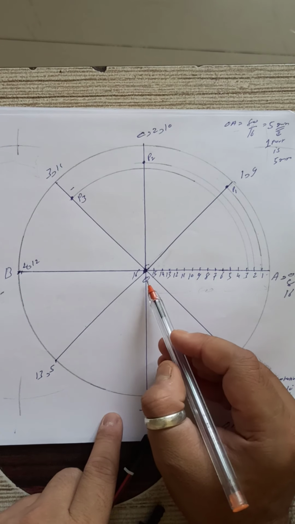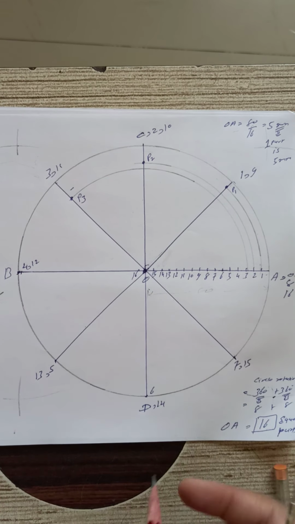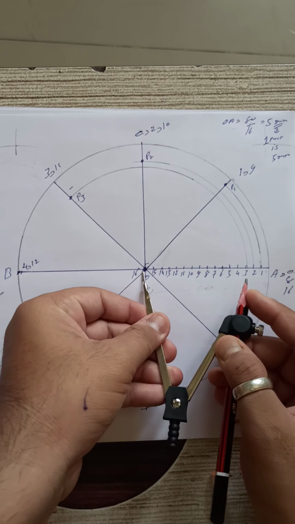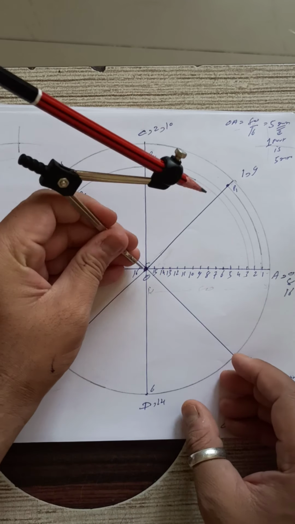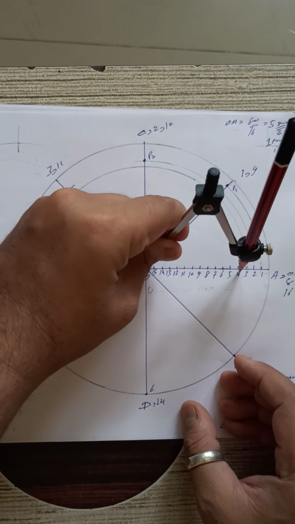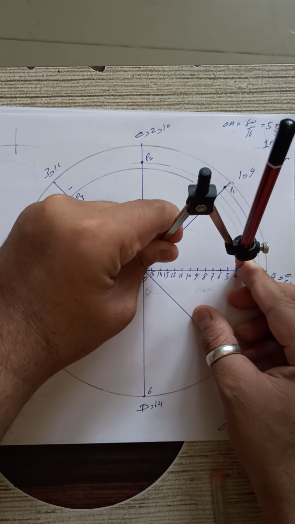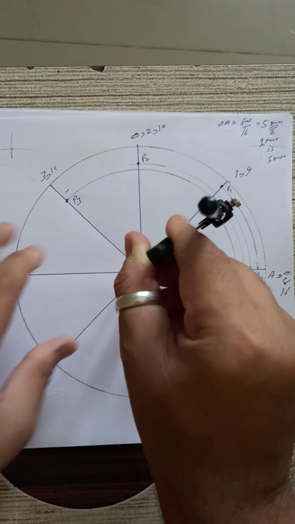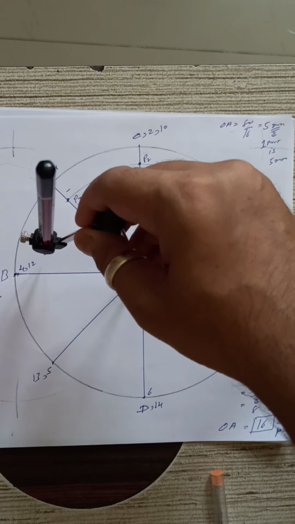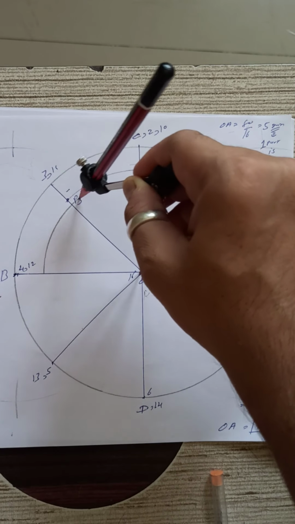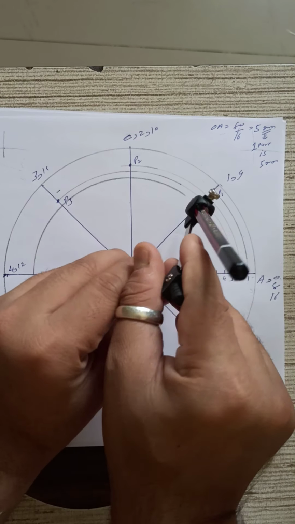Now take the O center 4 radius and draw the curve at the extension line which passes through point 4.